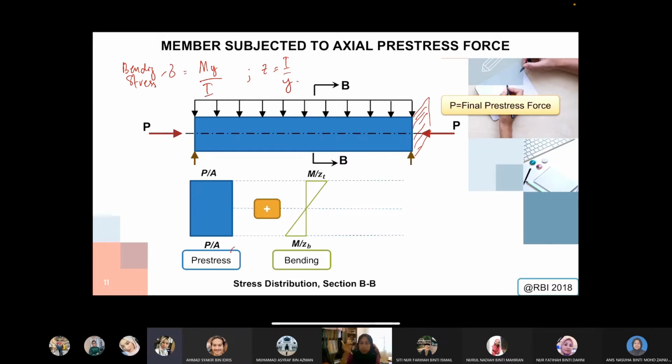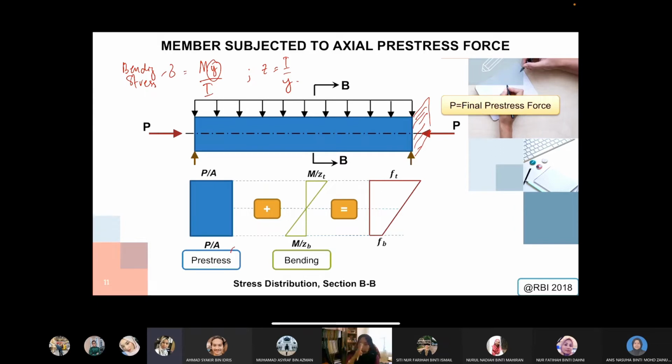So for bending stress you have the y value, so then you have two conditions of top and bottom differently. Then you equate these total stresses, and you will get the total stress at the top and also the total stress at the bottom.